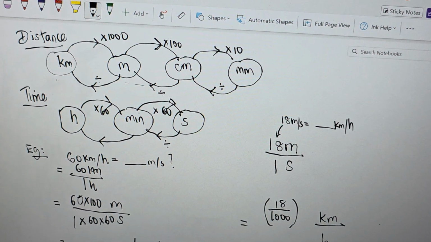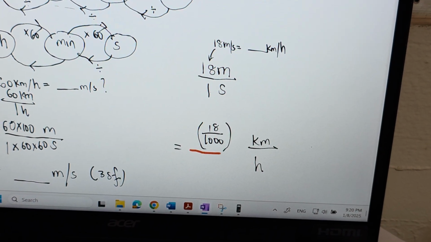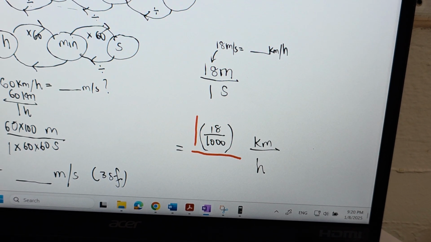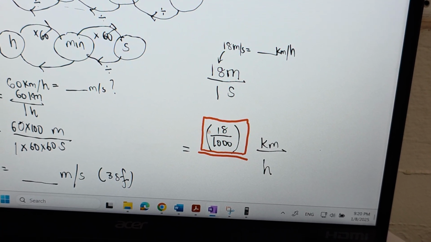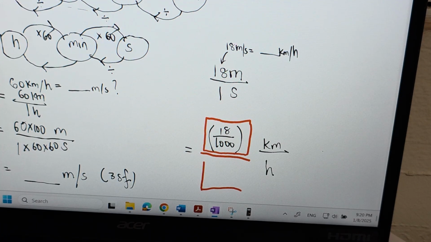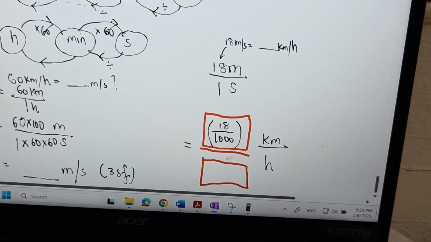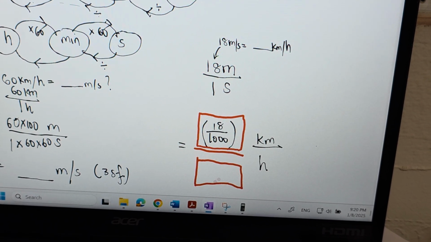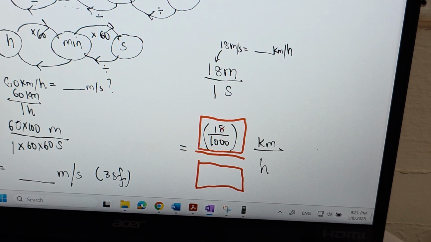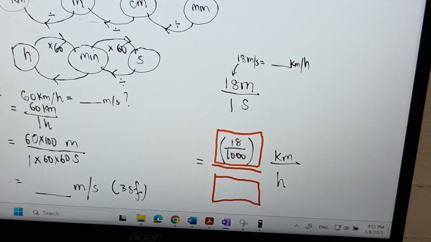When you press in your calculator, this is your numerator. You press the fraction button, then inside here you press this button again to activate the fraction, then you key in this. If you don't know what I'm talking about, you PM me.